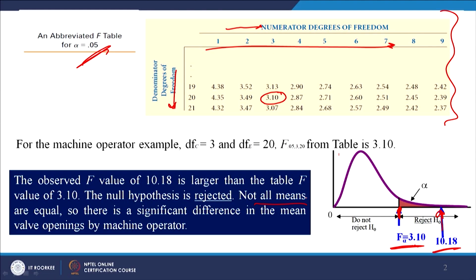We will reject the null hypothesis, it means that all means are not the same. There is a significant difference in the mean of, let us say, the drilling example we have taken rather than calling it a valve opening example. So, we will say that the mean diameter produced by these 4 operators is not the same, they are different, right.